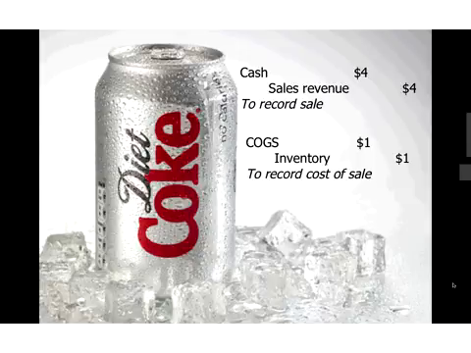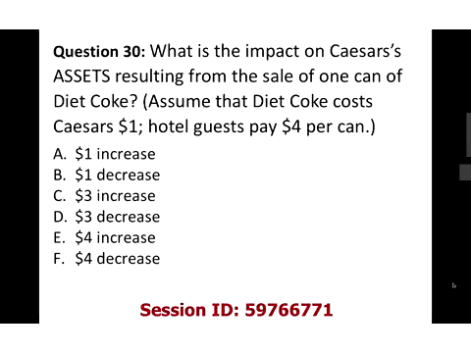So basically they made $3. Let me ask this. I'm going to put this out. What is the impact on Caesar's assets resulting from the sale of 1 can of Diet Coke? So I'm going to push this question out, and then I'm going to show you what we're talking about here.